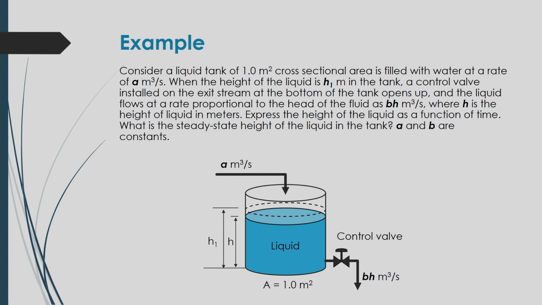So, basically you know that initially there will be a certain amount of liquid. Now, if you allow some liquid into this tank at a certain flow rate of A meter cube per second, then to keep this initial volume inside the tank constant, you have to allow it to flow out from this outlet stream.